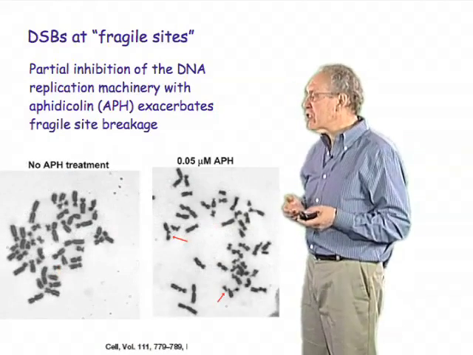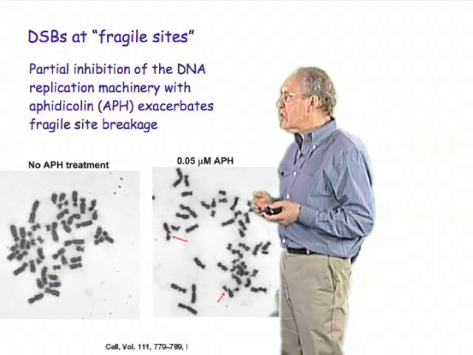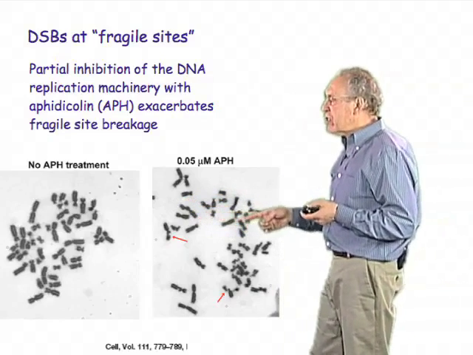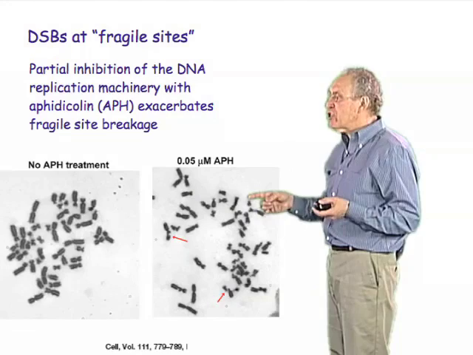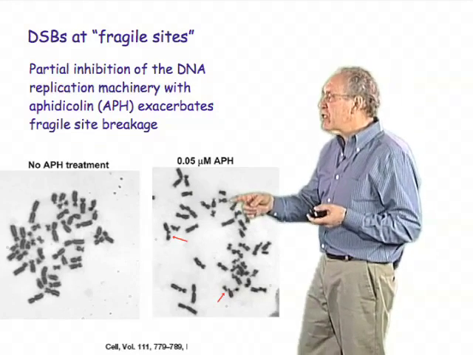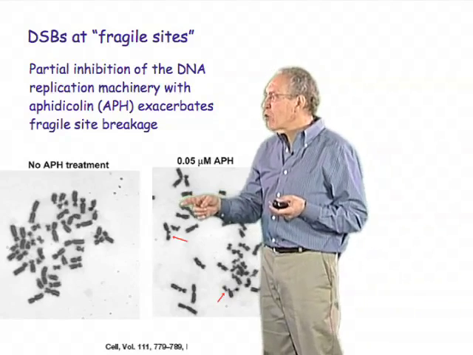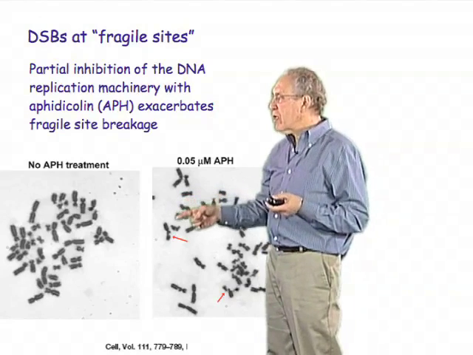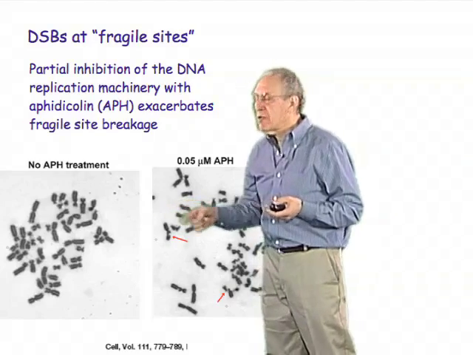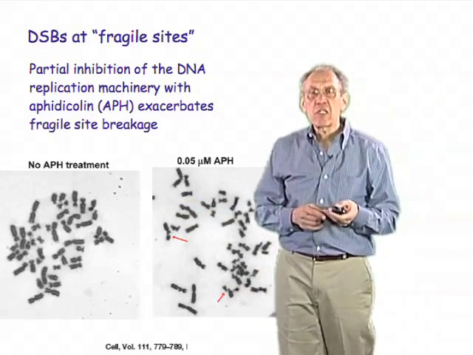And if one treats the cells with acetylcholine, what one sees here is that there are now many of these chromatid breaks which have occurred, very much like I showed you in the absence of the RAD51 protein.